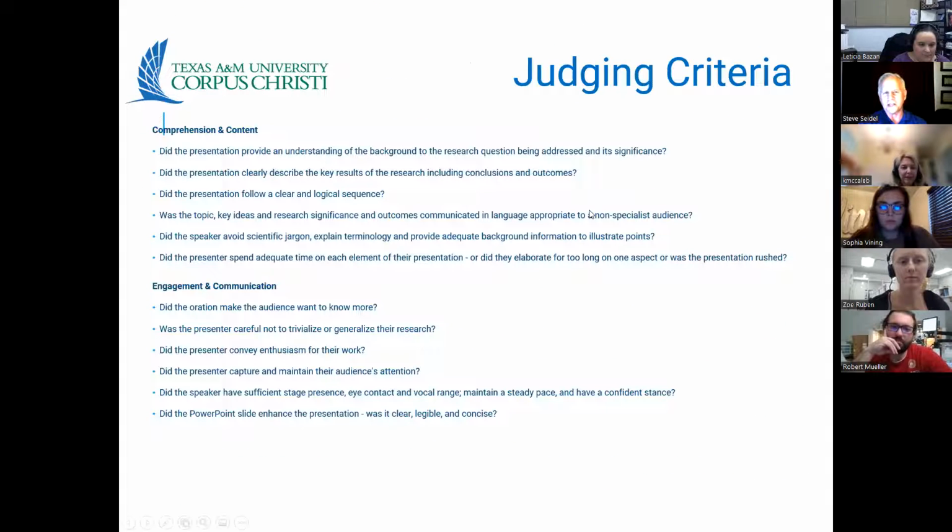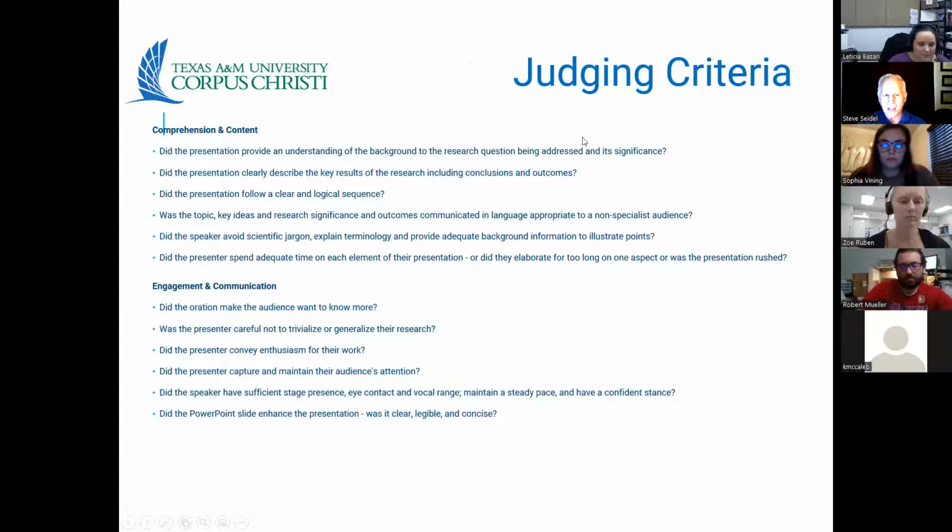As far as the judges are really going to be looking at two main things. One is comprehension and content, and the other one's engagement and communication. So, right, comprehension and content deals with, just like it sounds, right, the presentation provided understanding of the background to the research question being addressed, okay? If you're doing it right, you're telling the story of your work, okay?